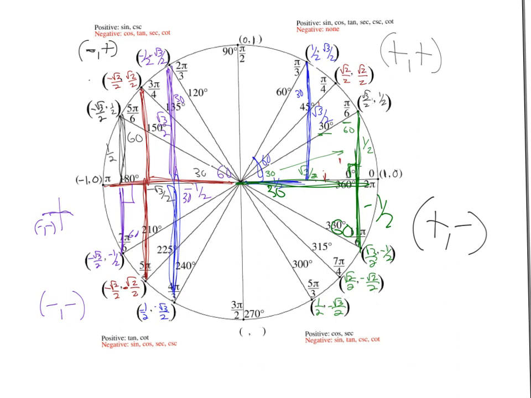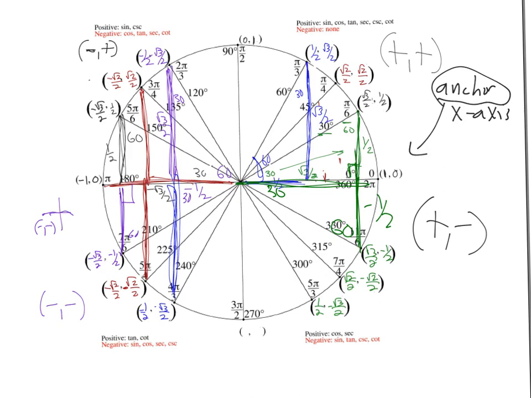So if you can build one quadrant, you can build the rest of them just by realizing that everything anchors back to the x-axis. All of them are just special right triangles going back to the x-axis.